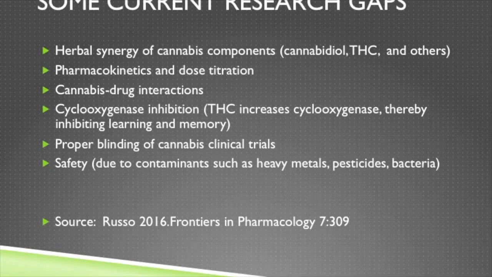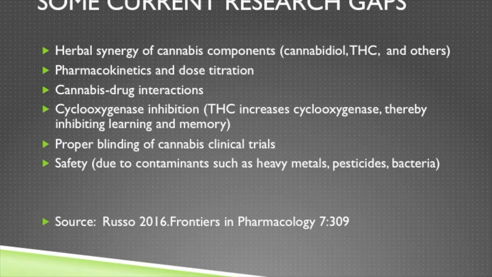One of which would be the notion of what is the herbal synergy of the different active components of cannabis. Everybody's heard of THC. A lot of people have heard of cannabidiols. As Dr. Nakadar pointed out, there are a lot of other chemicals in there that can be presented in different concentrations to one another in different parts of the plant or in different cultivars of the plant. So you have that kind of thing.